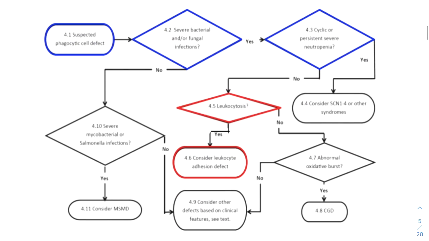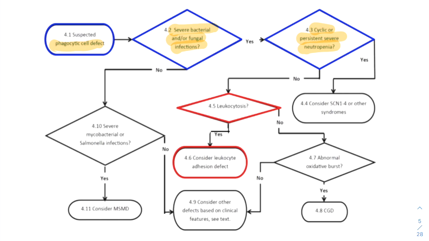Now, in this algorithm, we'll just revise when do we suspect a leukocyte adhesion defect. So, whenever a phagocytic cell defect is suspected in presence of severe bacterial or fungal infections, if there is neutropenia present, then we suspect a severe congenital or cyclic neutropenia.